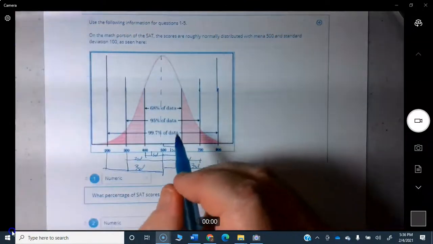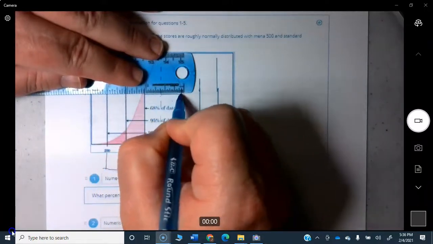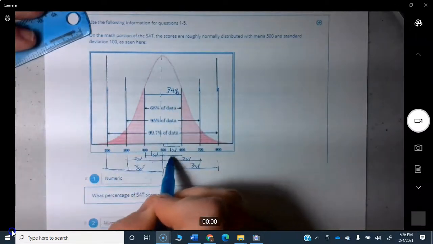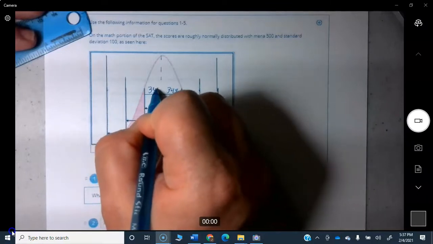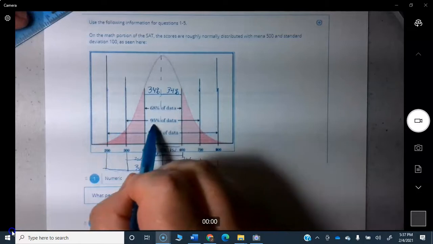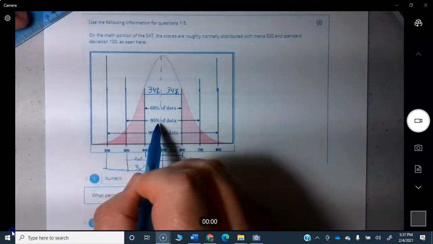So this is going to be 34% and this is going to be 34%. That's one standard deviation, this distance that I drew down here. So that's the 68 cut in half. For this one, 95 cut in half comes out to be 47.5.